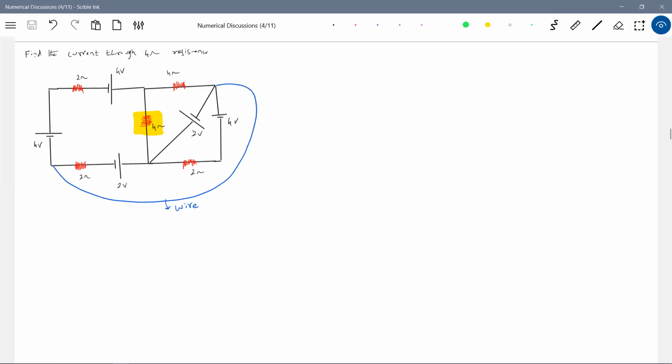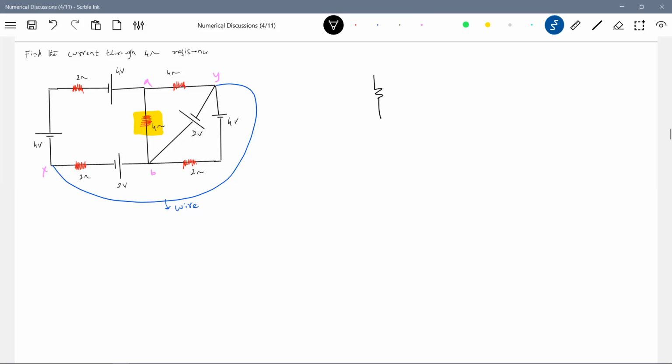We'll give them some names for the terminals. This is A, B, this is X, this is Y. Between A and X, X and Y are at same potential. This will come step by step. So this will be 8 volt.